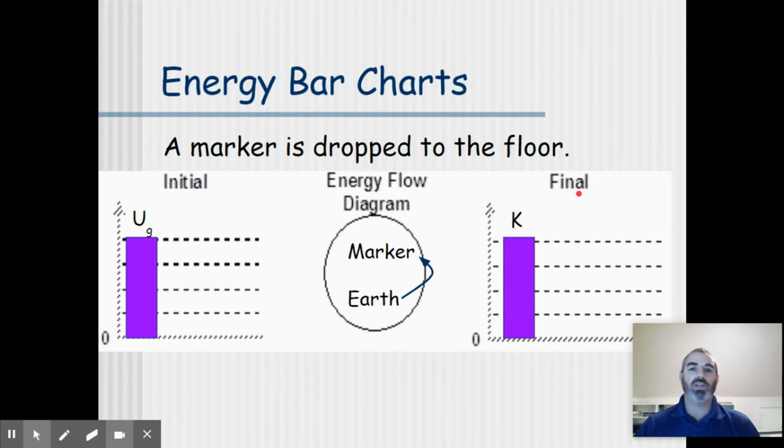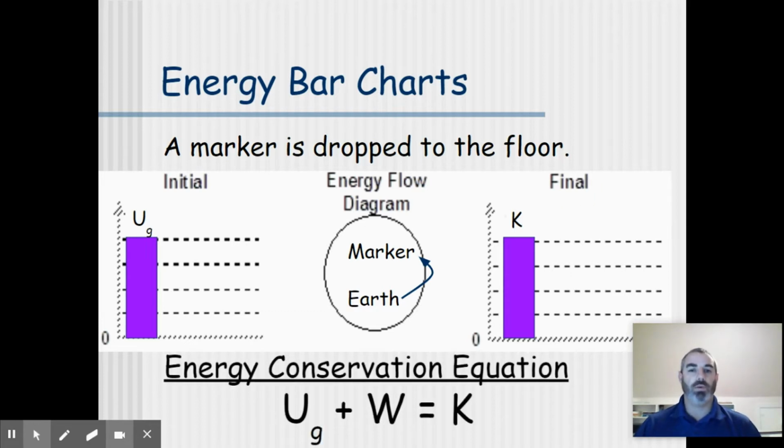So the initial situation is UG plus W, where W is anything that is working on the system by transferring energy in or out, is equal to kinetic energy, K. Now, in this case, work is going to be zero, but I have my students always write plus W so that we don't forget it when the value is non-zero. So we know that in this case, UG is going to be equal to K.